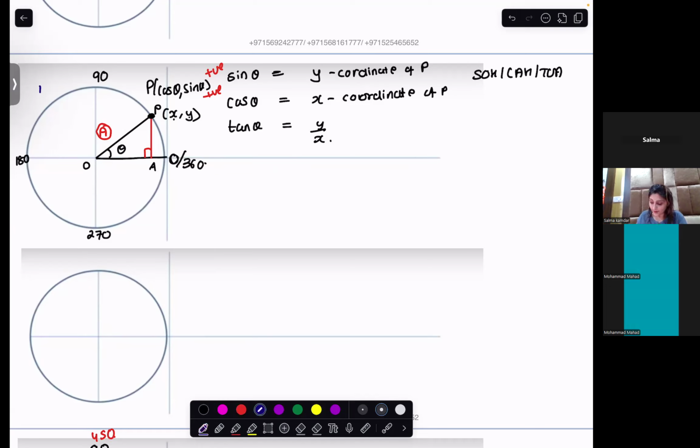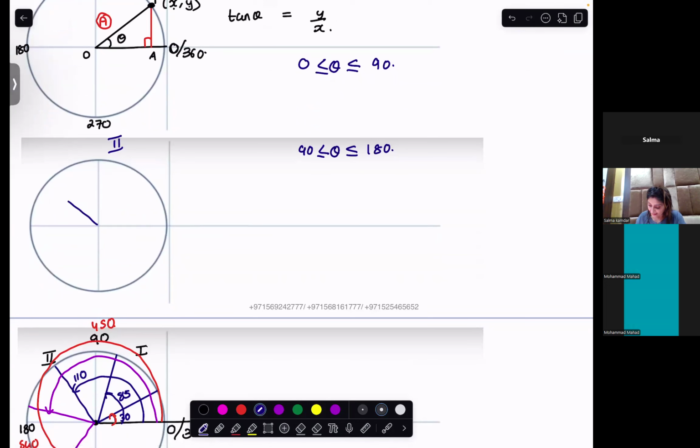The quadrant two. So here theta is lying between 90 degrees and 180 degrees. What will I do?